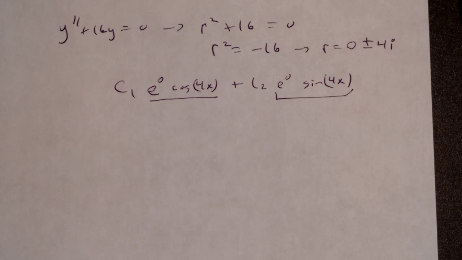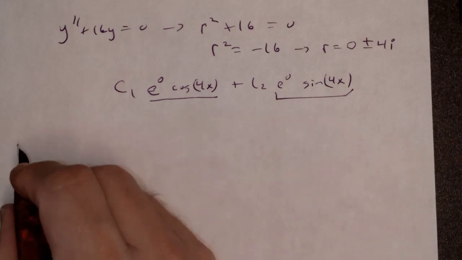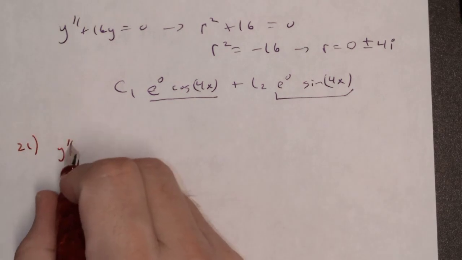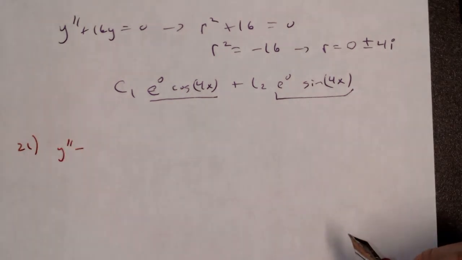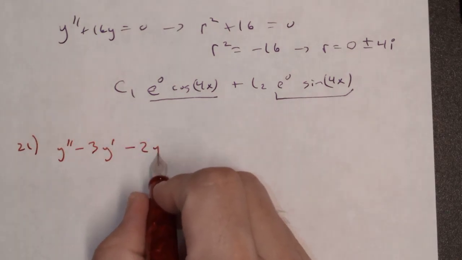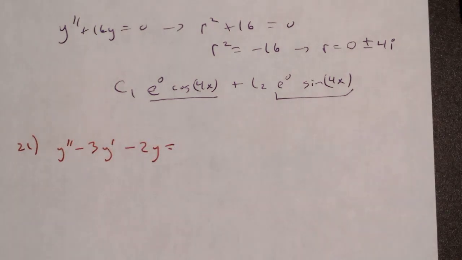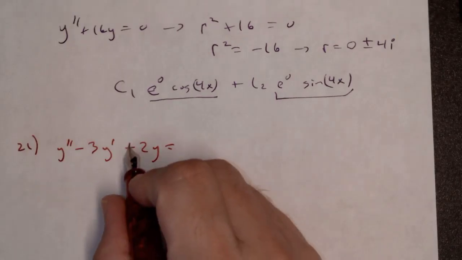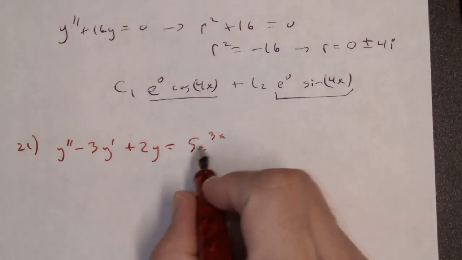So 21, y double prime minus 3y prime plus 2y equals 5e to the 3x.